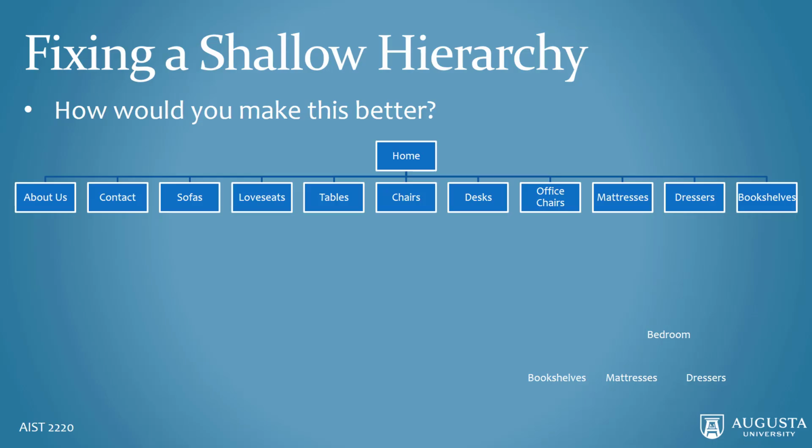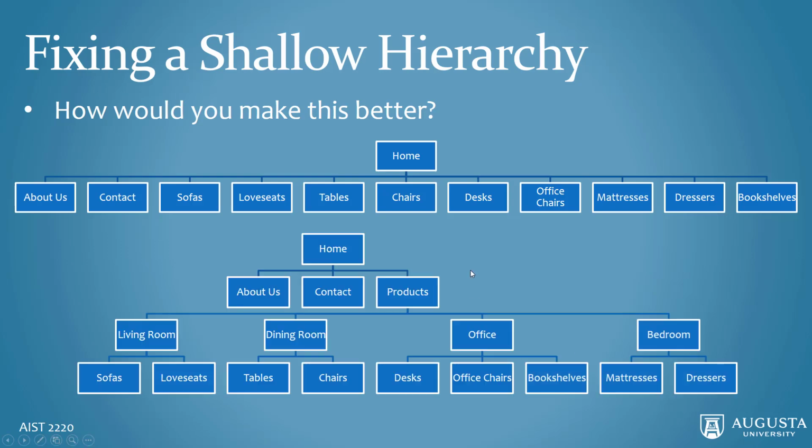Now let's explore how to fix this issue by creating a deeper and more structured hierarchy. On the top, we still have the home page, but instead of listing everything directly beneath it, we introduce broader categories like living room, dining room, office, and bedroom.